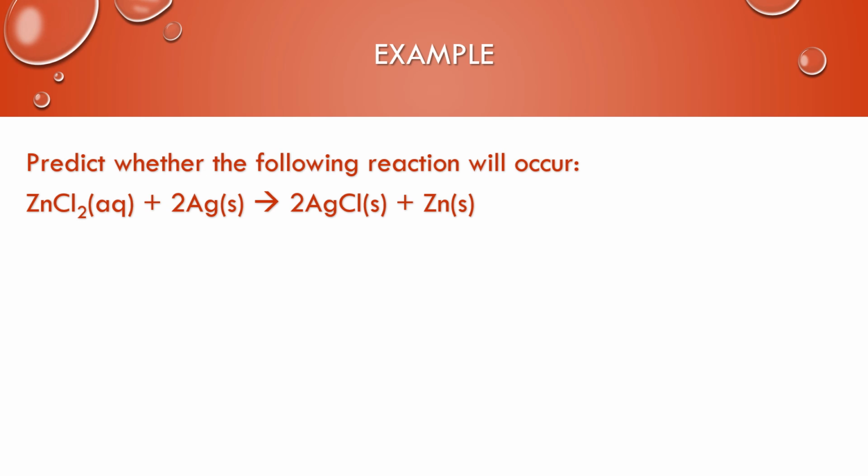And if you find the one that produces solid zinc, and then the one that produces solid silver, I'm looking at it right now, zinc is much higher up on the list than the solid silver. So that means this reaction will not occur, because in order for it to occur, the metal by itself has to be more reactive than the metal in the compound.